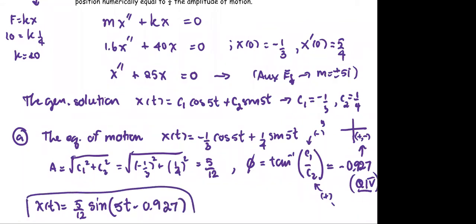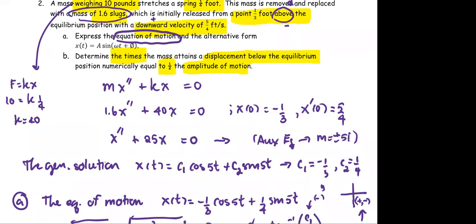That's the answer for part A. Part B asks you to find the point in time t that the displacement is at the position below the equilibrium position, below meaning plus sign, numerically a half of the amplitude. When x equals a half of A, which is a half of 5 over 12, or 5 over 24.